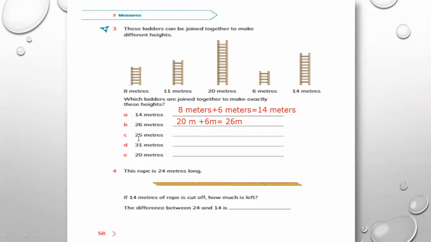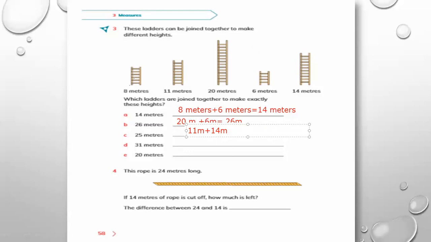Okay, next one is 25 meters. So let's add 11 meters and 14 meters. 11 meters plus 14 meters ladder. So 10 and 10 is 20, 1 plus 4 is 5.